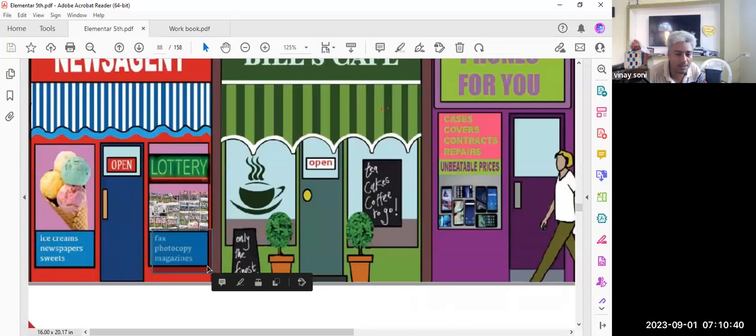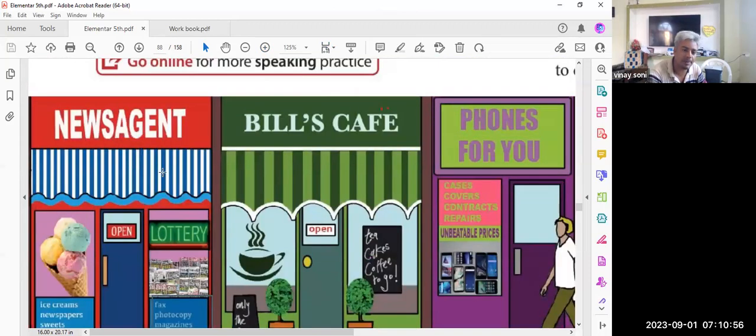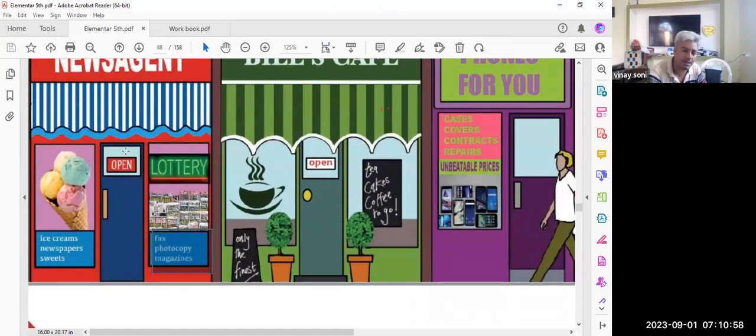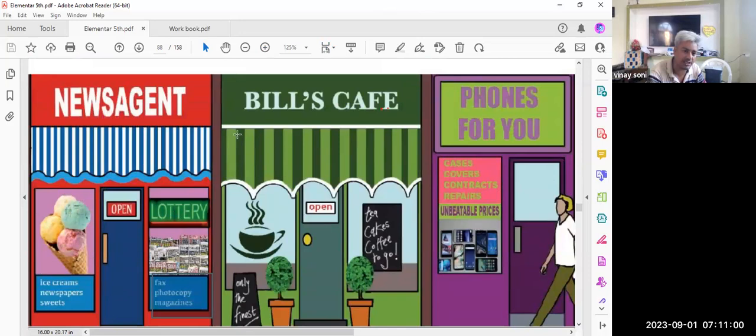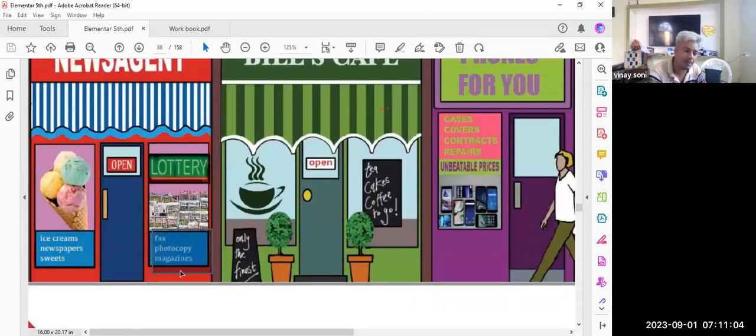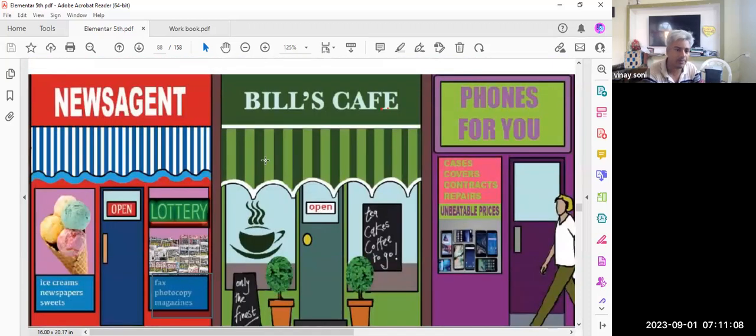It's a very typical British culture shop. In India, you will not find a shop like this, which sells ice creams and newspapers together. So it's, I told you, a typical British culture shop, news agents. In India, news agents sell basically newspapers, magazines, and stuff like that, forms for government jobs and all.